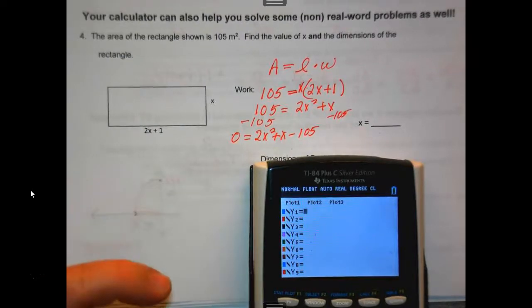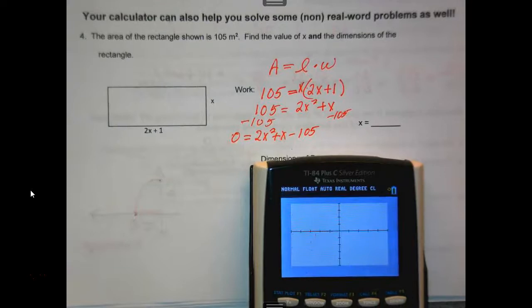Okay, so I have 2x squared plus x minus 105. Hit enter. Uh-oh.